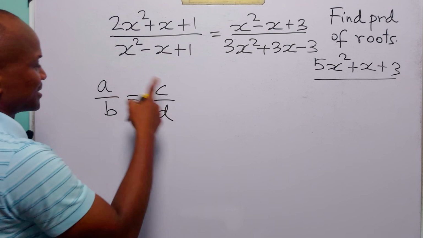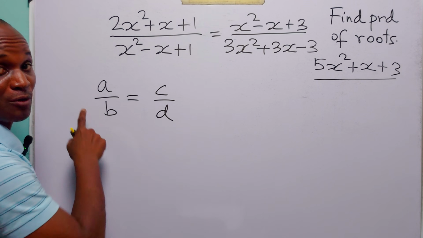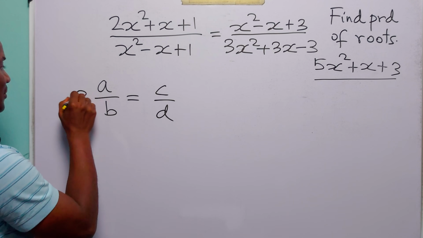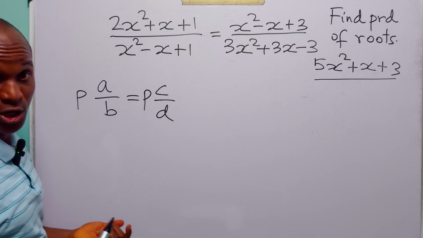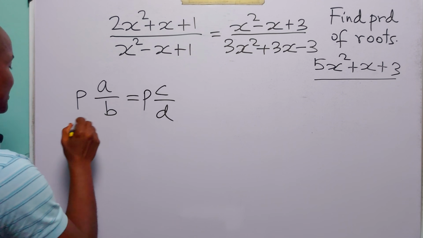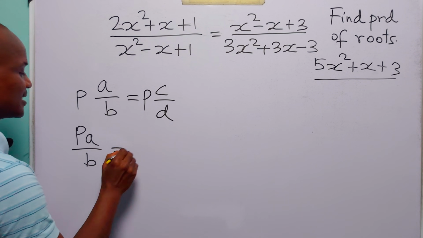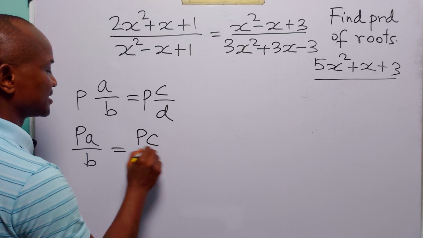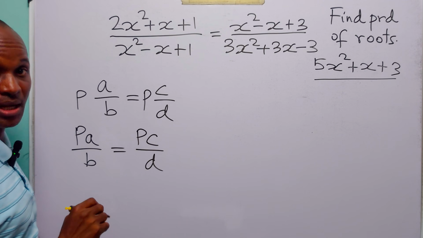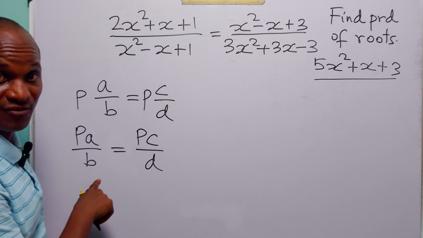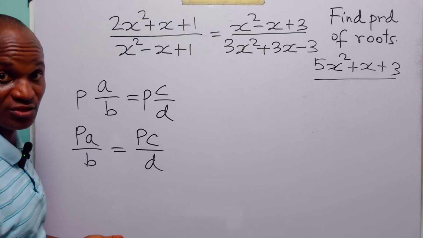Now, if we multiply both sides of this equation by a constant, let us say P, you know that nothing is going to change. So that means that PA over B is equal to PC over D. And of course, you know that if we add 1 to both sides of this equation, nothing is going to change.